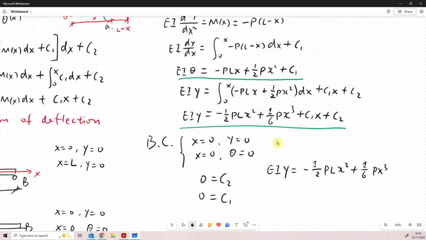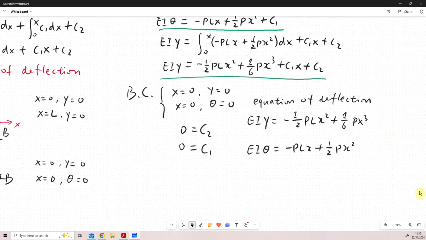So this is the equation of deflection. And also we got the equation for the rotation: EI theta equal to minus PLx plus 1 over 2 Px squared. C1 is equal to 0. So this is the equation of the rotation.